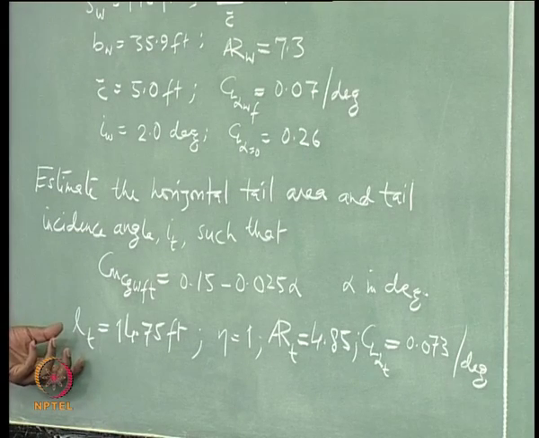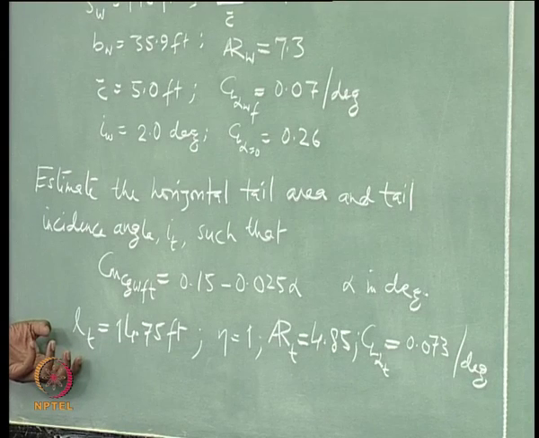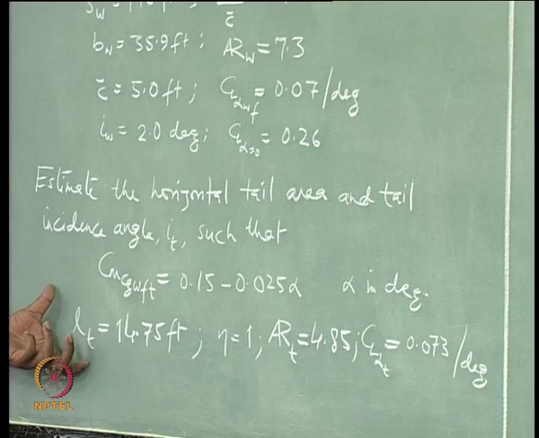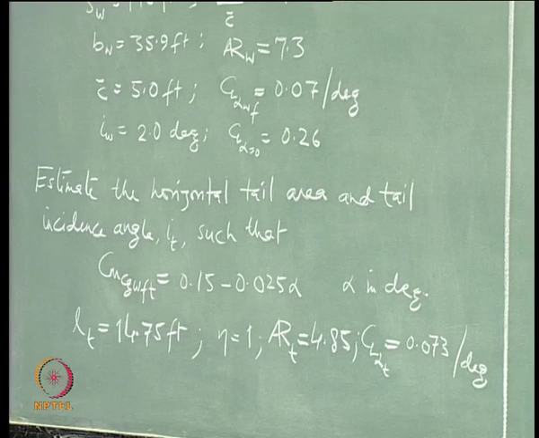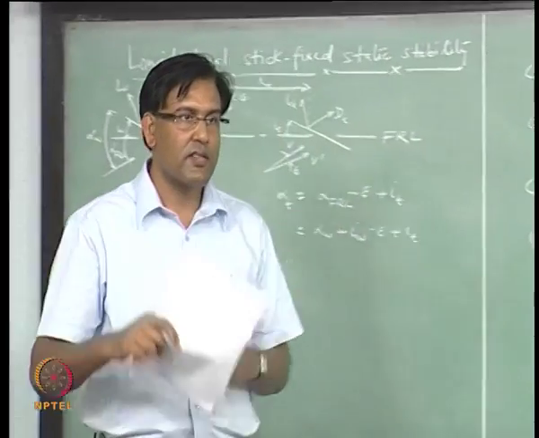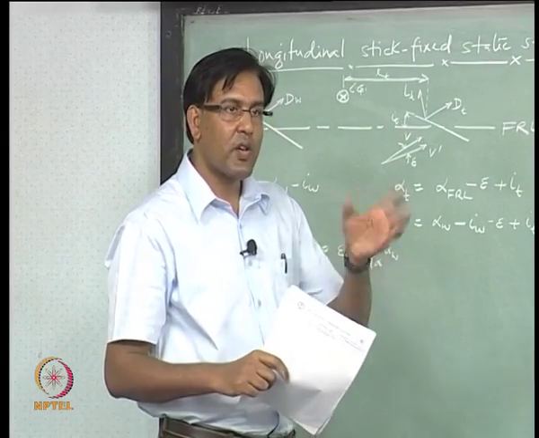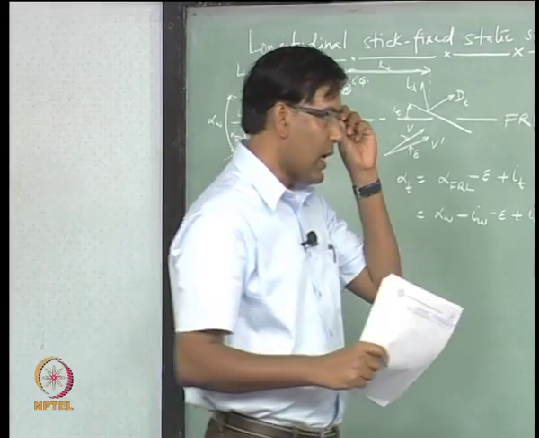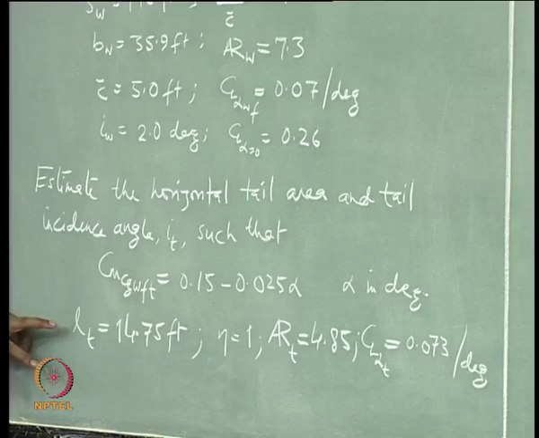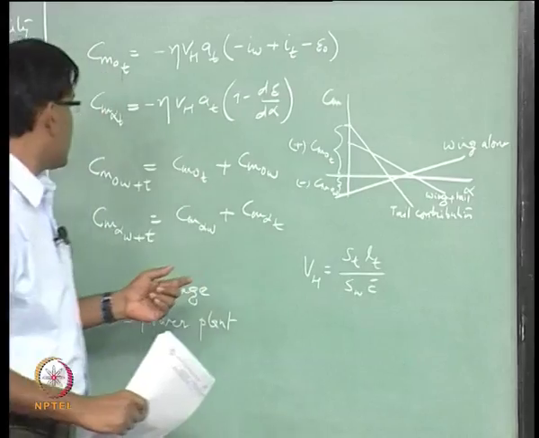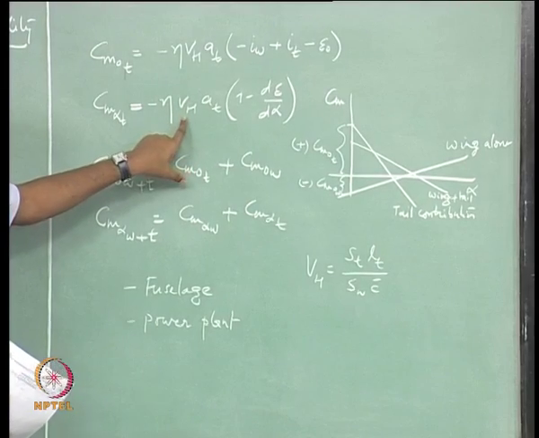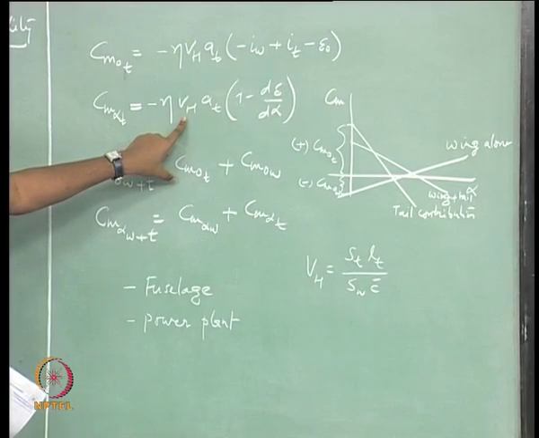How do you decide on LT? Now, LT will depend upon a lot of things, right. First of all, the tail has to produce enough moment, right, to trim the aircraft. That is one condition, and this is also going to affect the stability through this term, right.